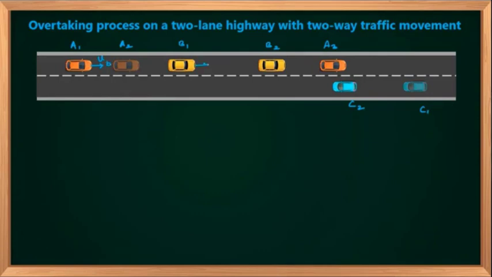B vehicle is also moving at a speed of VB only. Next, C vehicle is moving at a speed of VC. Is that clear? So it is moving at VB for a certain distance, and that distance is represented as what?